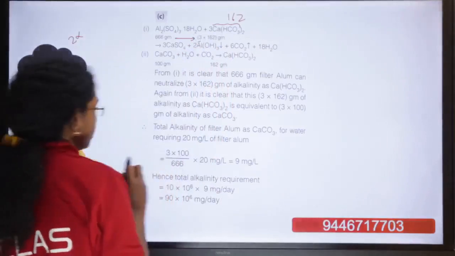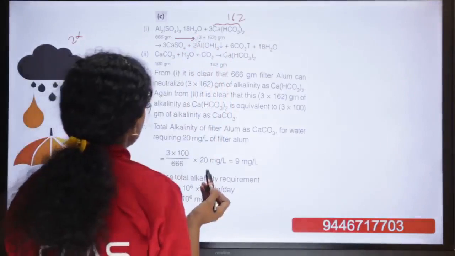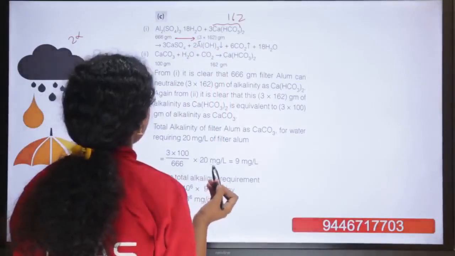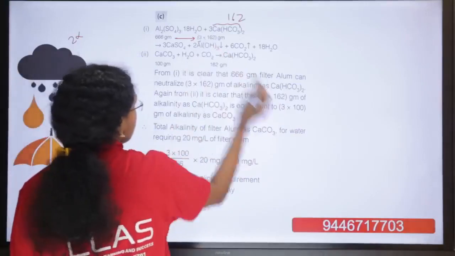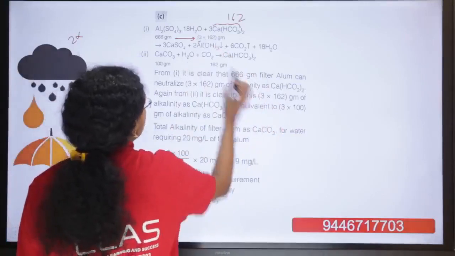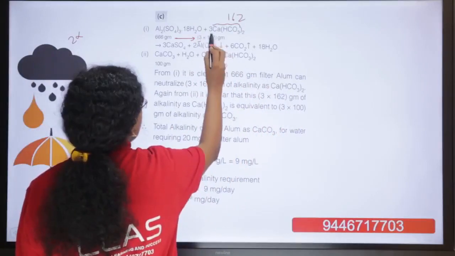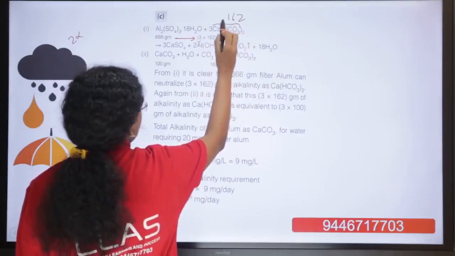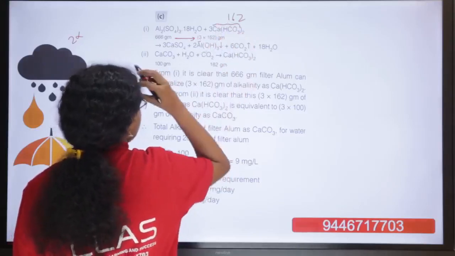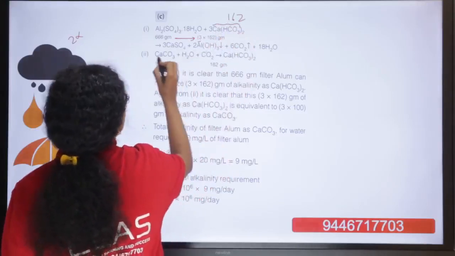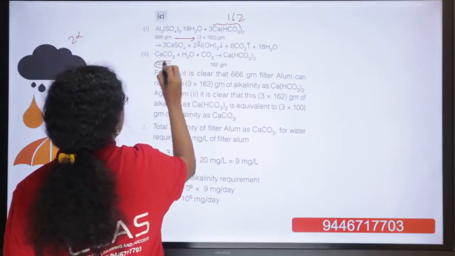Again, to calculate the total alkalinity, one more thing: 3 into 162 grams of alkalinity is equivalent to 3 into 100, since the CaCO3 value is 100.